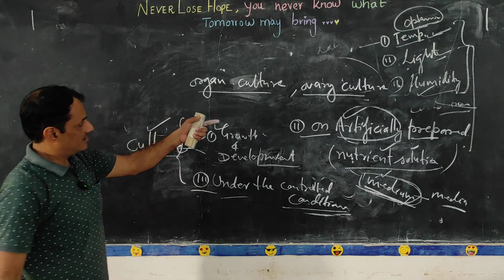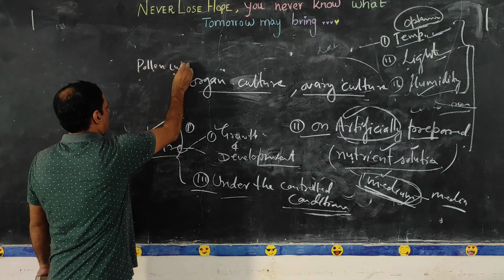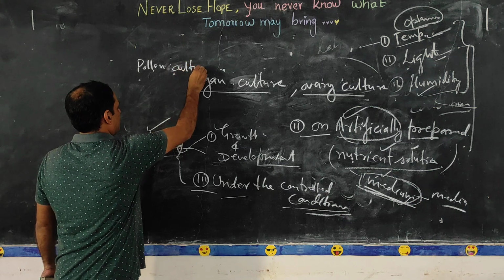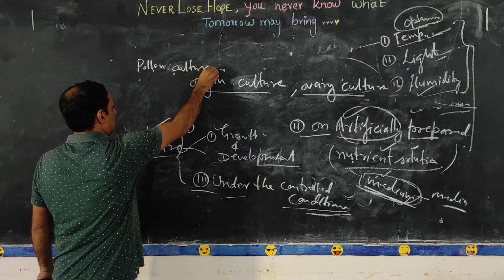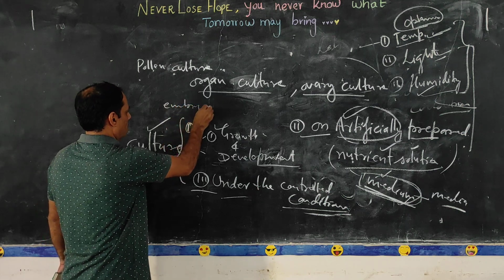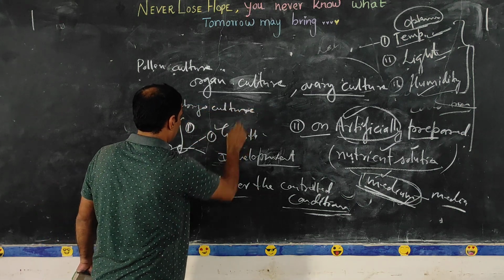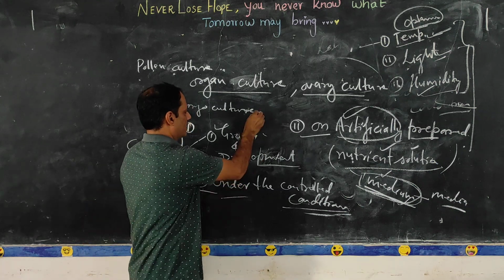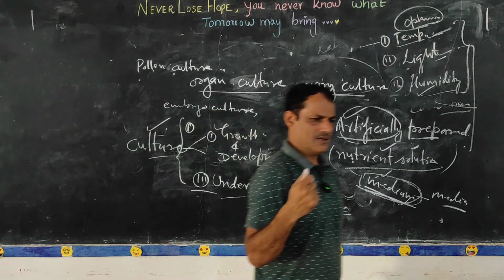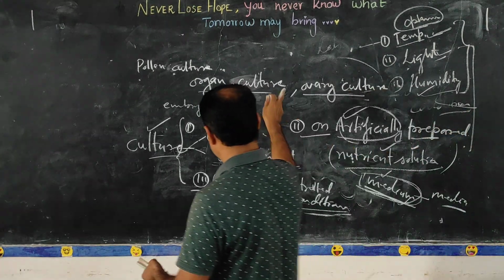Organ culture, ovary culture, even pollen culture will also be there, right? Even embryo can be cultured. You will have many words like mariculture, maricloning, micropropagation, right?